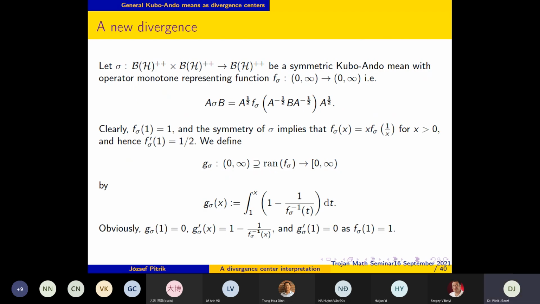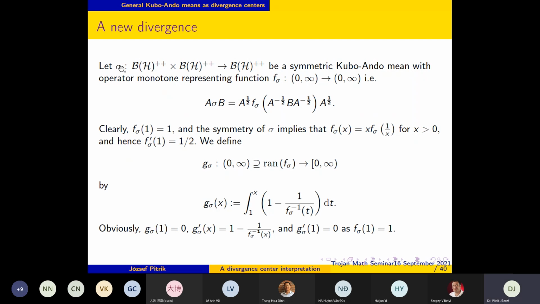Okay, so motivated by the examples above, our goal is to give a divergence center interpretation for every symmetric Kubo-Ando mean. For this purpose, we define a new divergence. Before doing that, we need to make some preparations.